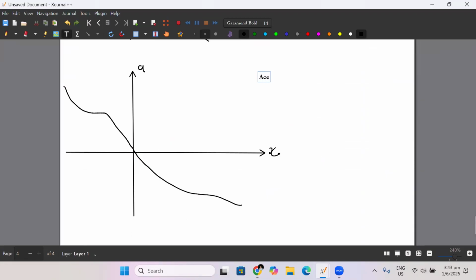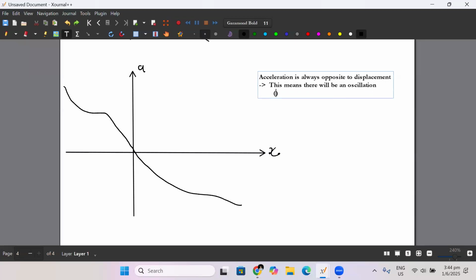Just take note, acceleration is always opposite to displacement based on my graph here, right? This already means, visually, you try to imagine a picture like this. When I drag the object to the right, it will try to accelerate back to the rest position, the equilibrium position. So this graph guarantees that there will be an oscillation already. You'll always go back to the equilibrium position. So this means there will be an oscillation.